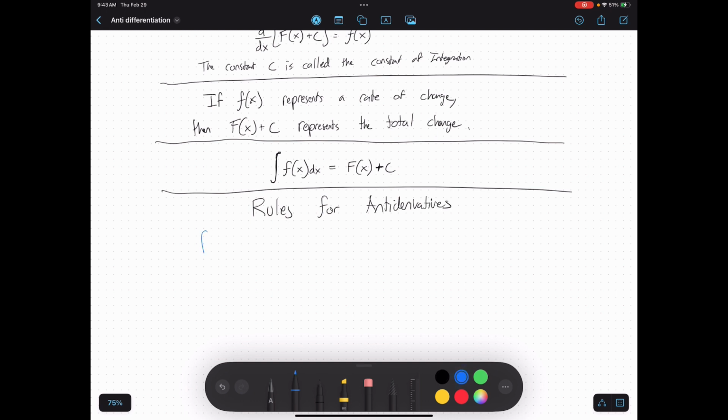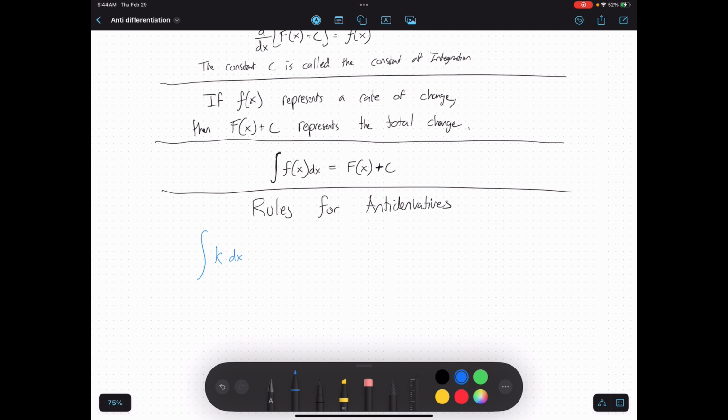First, what do you think is going to be true if I take the antiderivative of just a constant? So if I had some constant k, what's going to be my antiderivative? Well, think about it. What type of functions, when you take the derivative of them, just give you a constant? Linear functions, right?